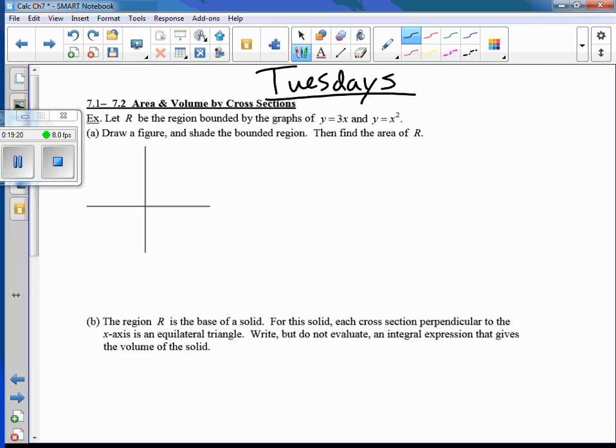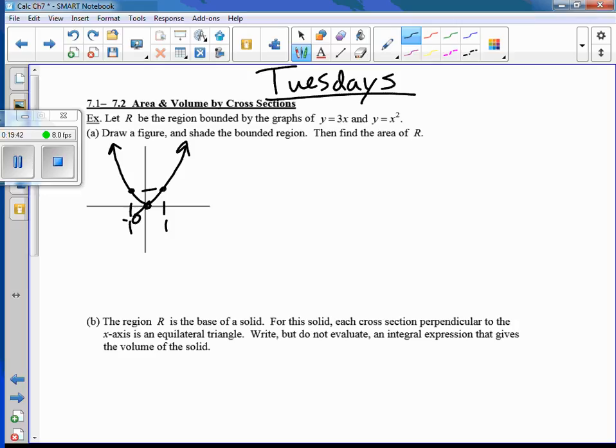All right, so let's get started. So day 2, 7172 area and volume of cross sections. First example, it says let R be the region bounded by the graphs of 3x and x squared. So again, we have some quadratic equation. Here we go. It's going to look like this, and there's the equation.